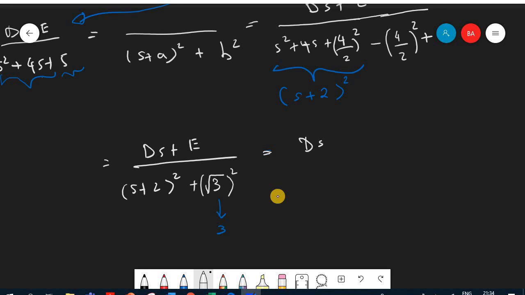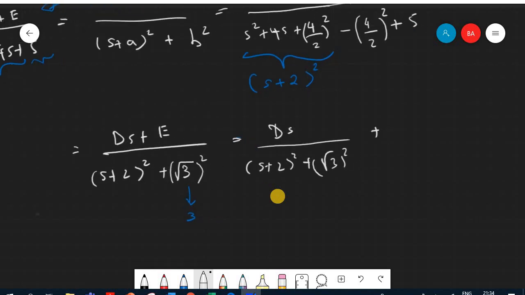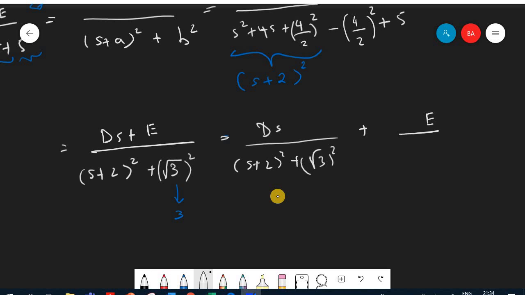So that is ds over (s plus 2) the whole thing squared plus square root of 3 the whole thing squared, and the second part, which is e over (s plus 2) the whole thing squared plus square root of 3 the whole thing squared. And now this part is simple. Why? Because I will just multiply by square root of 3 to have my b term. Actually it is my b term here.